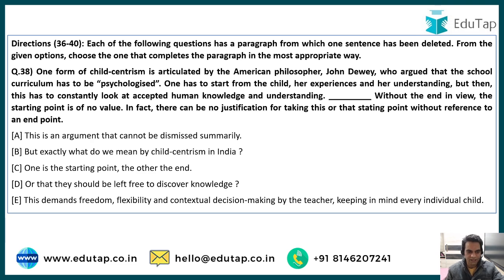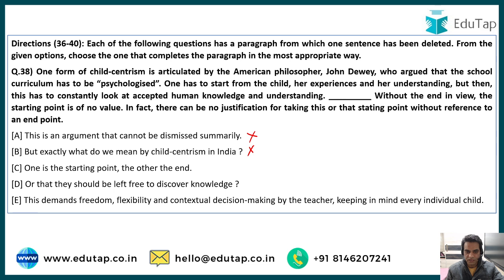This is an argument that cannot be dismissed summarily. No, but exactly what do we mean by child centrism in India? Without a no, that does not make sense again. So we can eliminate option number A and B. One is the starting point and the other the end, right? Or they should be left free to discover knowledge.